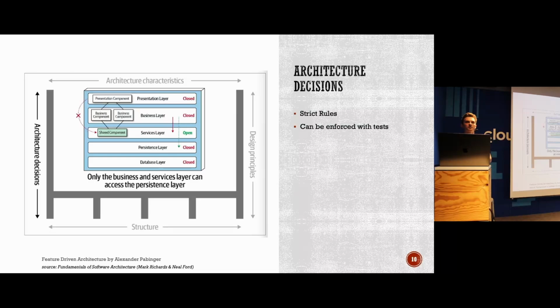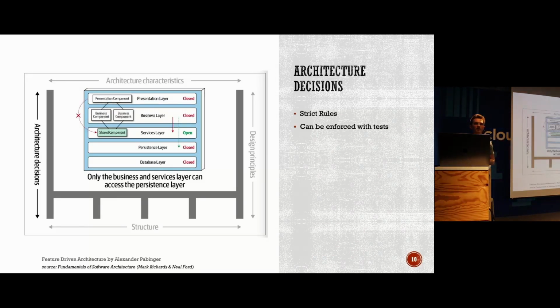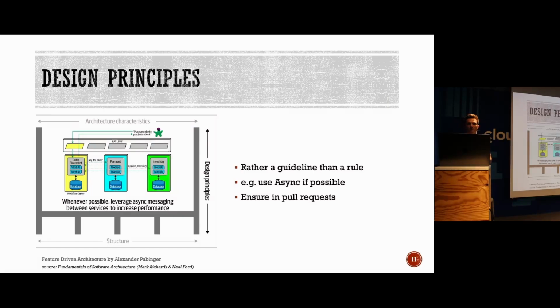The architecture decisions, there are architecture unit test frameworks where you can enforce that, where you can say, okay, no code from my project is calling a class from another project, but these are rather guidelines and are enforced with pull requests. You can write that down in a wiki, but nobody will read them a few weeks after that. So I assume you will do that in a pull request, but you all know that kind of stuff.